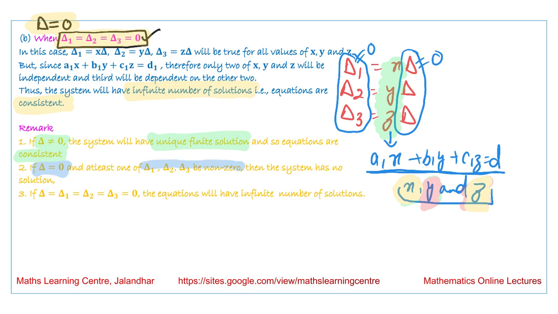First, if any one of delta 1, delta 2, delta 3 is non-zero, then the system will have no solution. And if all four, delta 1, delta 2, delta 3 and delta, are equal to 0, the system will have an infinite number of solutions.